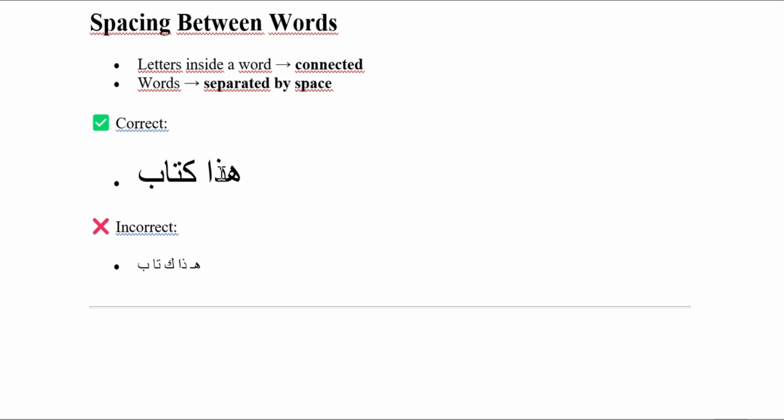This is a book. So هذا is a word, and kitab is a word, so they should be separated by a space. And we should not write it that way, separated letter by letter. So in each word, the letters should be connected, but every single word should be separated, and there is a space between them.